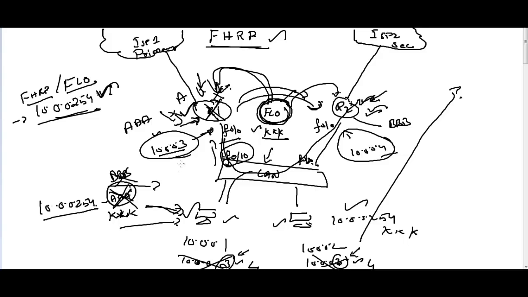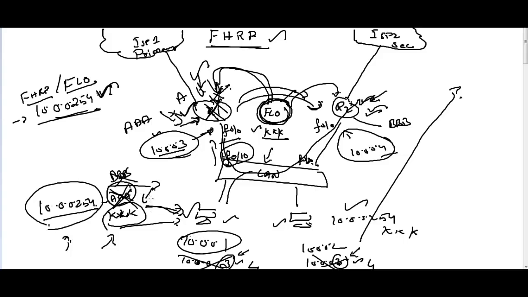When R1 is active, the packet is sent to this destination MAC address and this layer 3 IP address. Now when R1 goes down, the computer sends the packet to this same MAC address and same IP address.